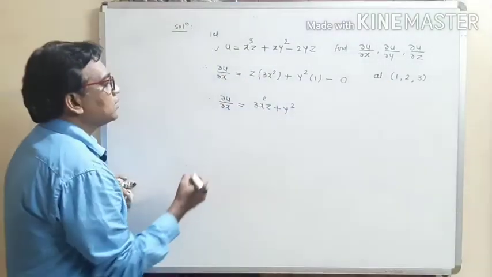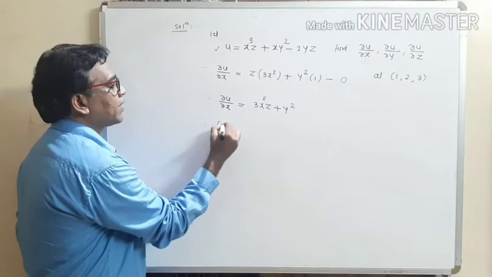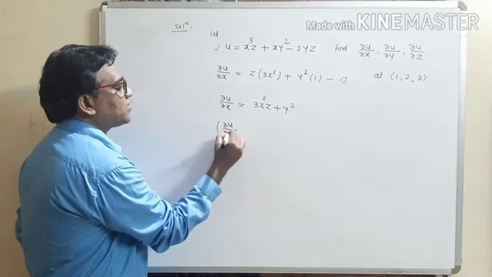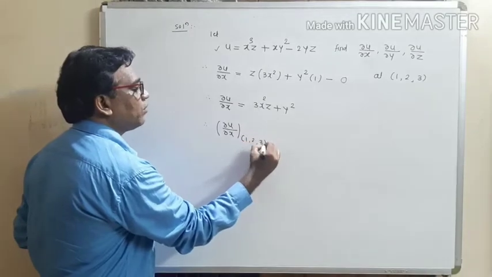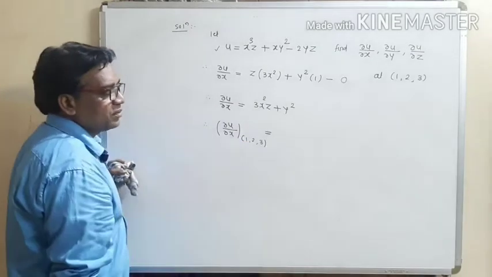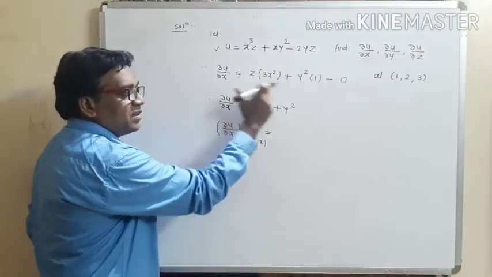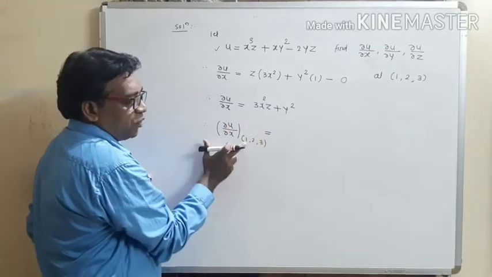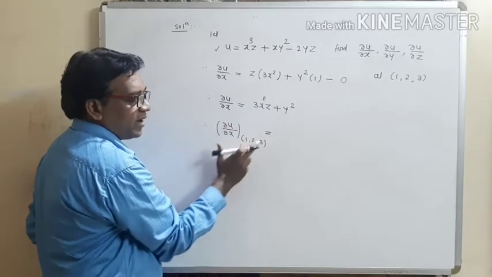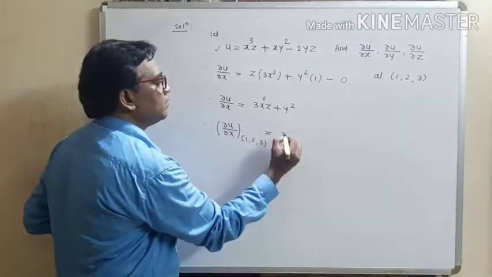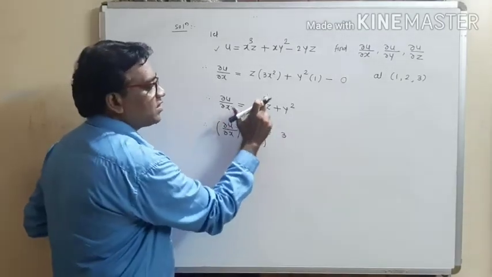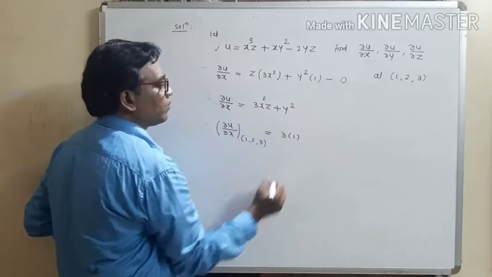So write down, therefore, the value of the partial derivative ∂u/∂x at the given point (1, 2, 3) is equal to. That means in this partial derivative, we have to put x equal to 1, y equal to 2 and z equal to 3. So this is 3. Now put x equal to 1, so 1 square is 1.